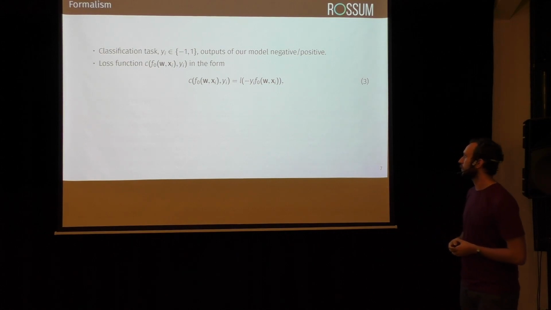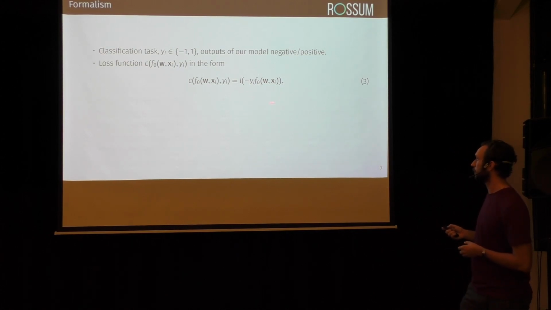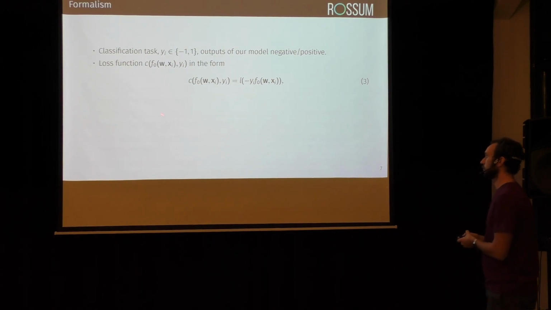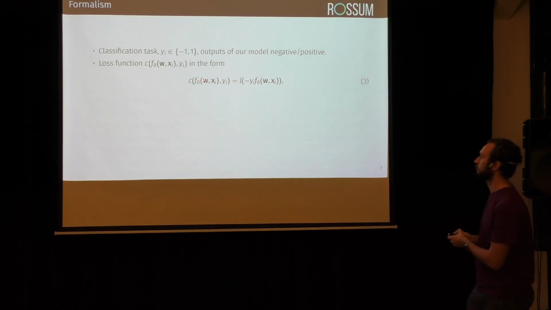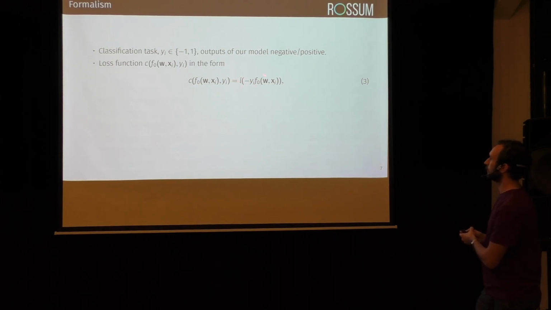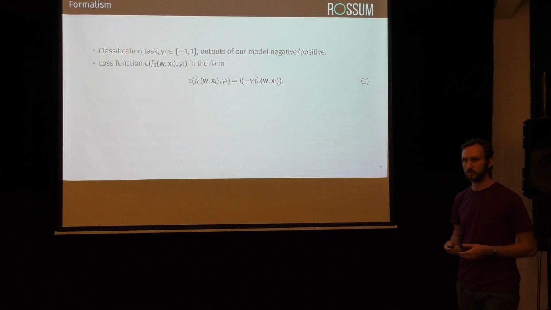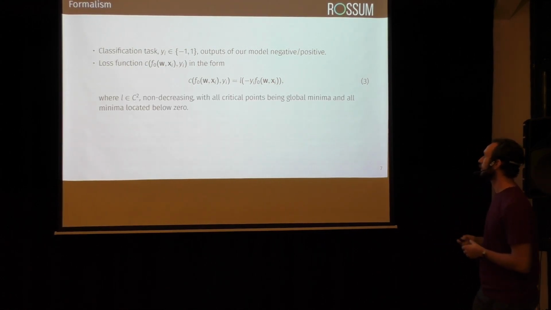So what the paper does as well is they take a very peculiar, specific form of the loss function, or of the cost function. In general, you want to model the targets and calculate the loss for each sample. And they do it in a way that they take some unknown function denoted by L, and it takes a single argument, and into it they put the target multiplied by the prediction with a minus in front of it, and they make some assumptions about the loss function, about the L. They're not very difficult.